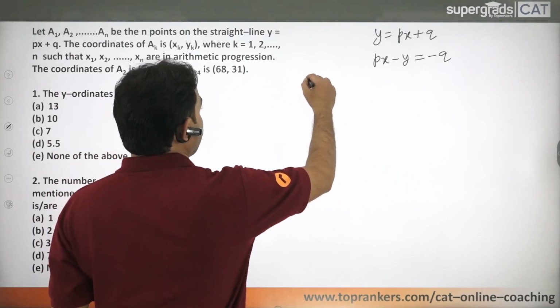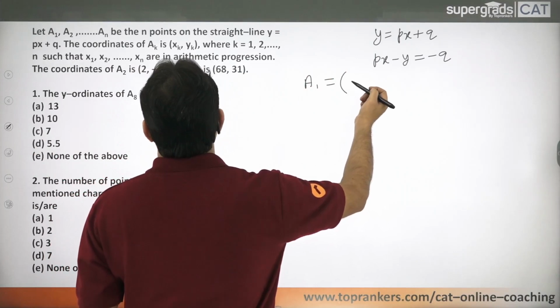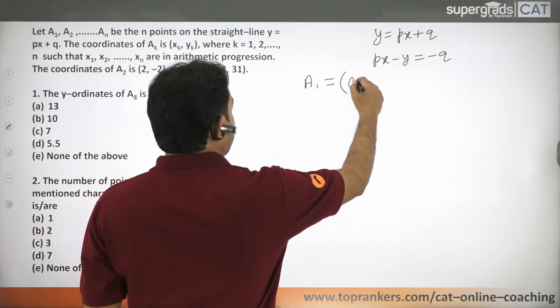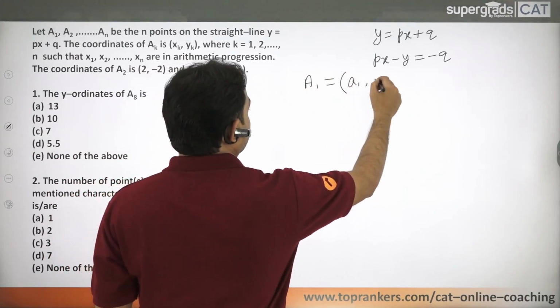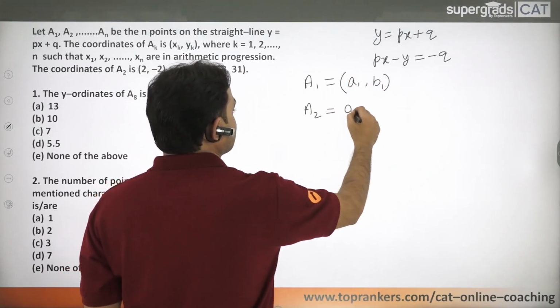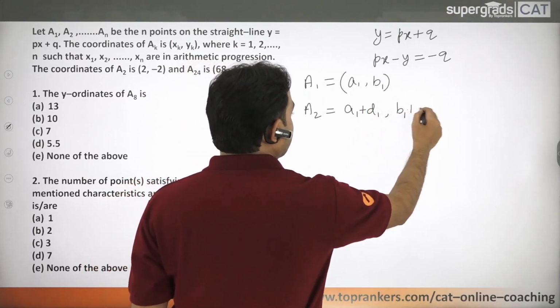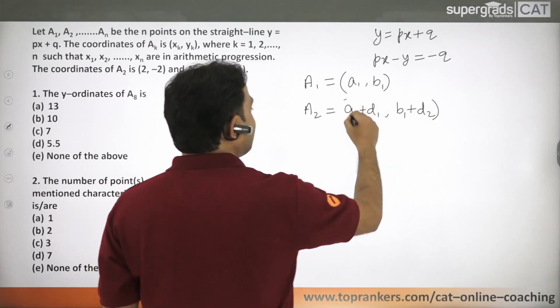So if A1 is, let's say, A1 and B1, then A2 will become A1 plus D1, and this will become B1 plus D2 because they are in AP.